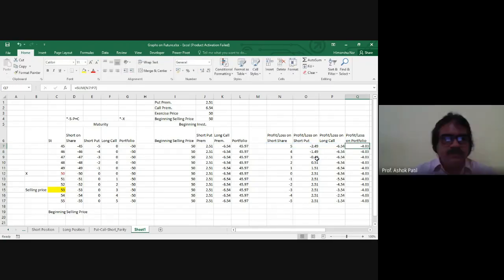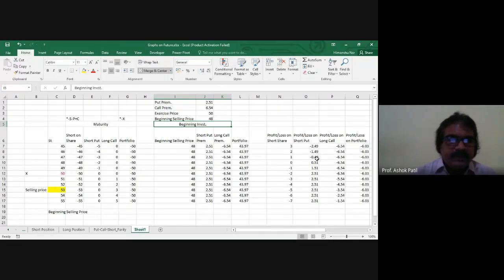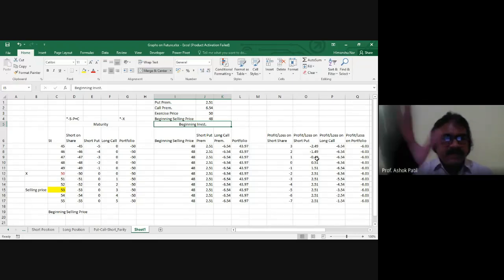So now you change anything. Suppose now you do it. The beginning selling price is 48. You sold at 48. So what do you expect? More loss? Correct. But then you can see that it is compensated by short put. So you change anything now from the given information.